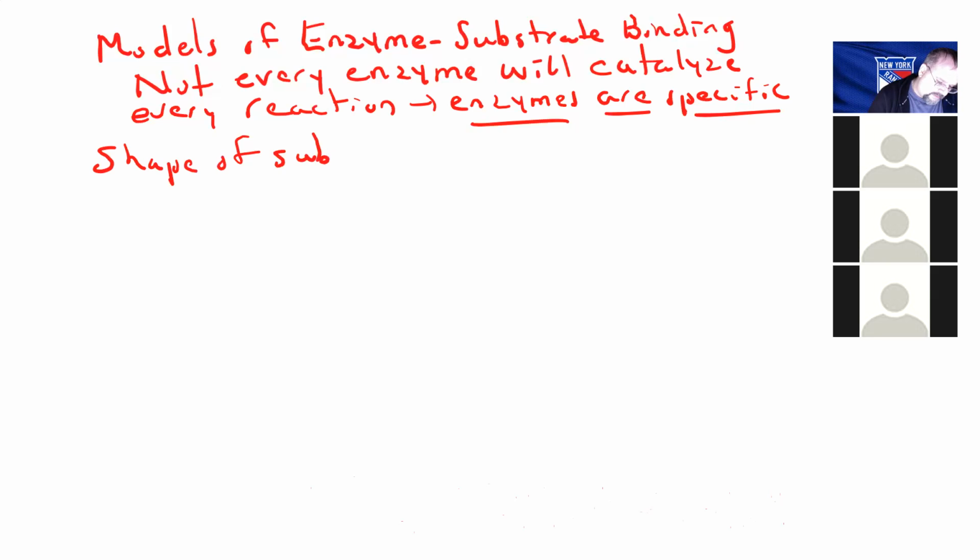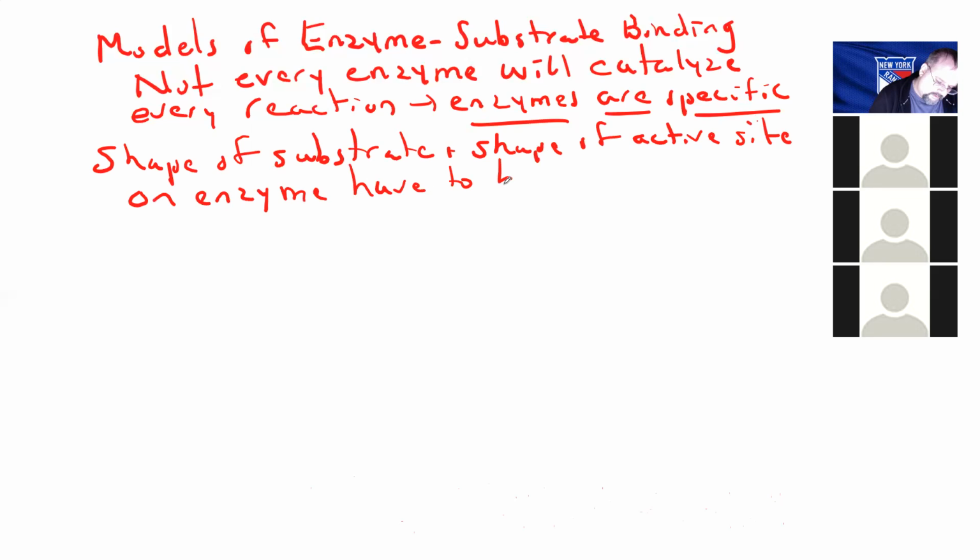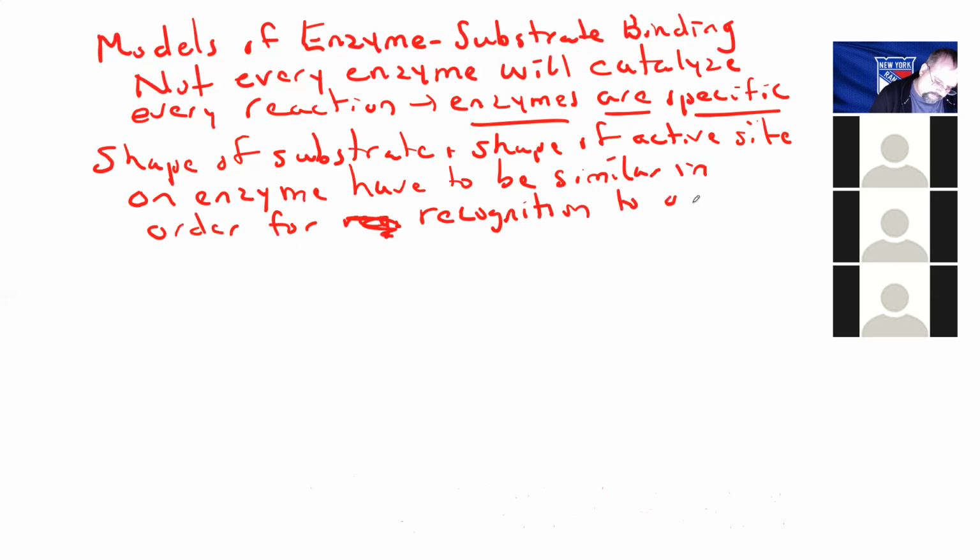So the shape of the substrate and the shape of the active site on the enzyme have to be similar in order for recognition to occur. Then the question becomes, how close in shape?